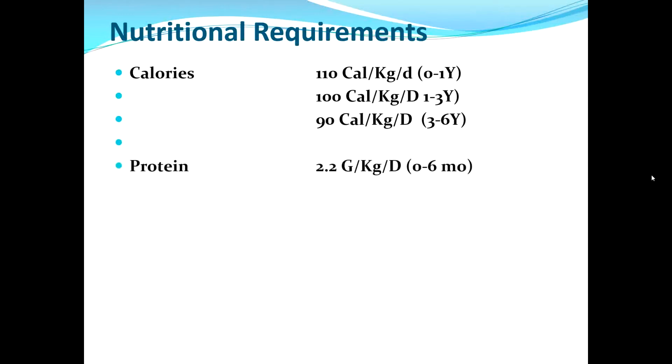Protein, a very important nutrient, and its daily intake varies age-wise. Usually it is approximately 2.2 gram per kilo per day for the first 6 months of age, and then decreases to 1.5 gram per kilo per day for age group 6 months to 3 years.